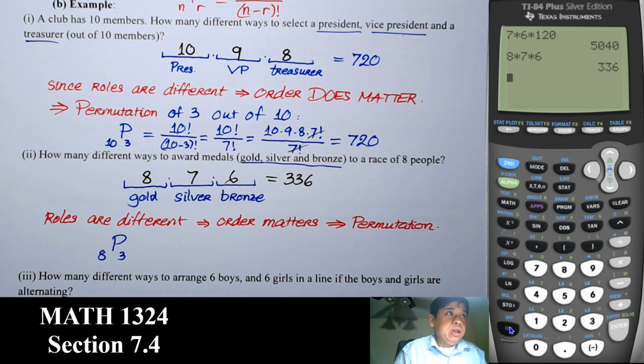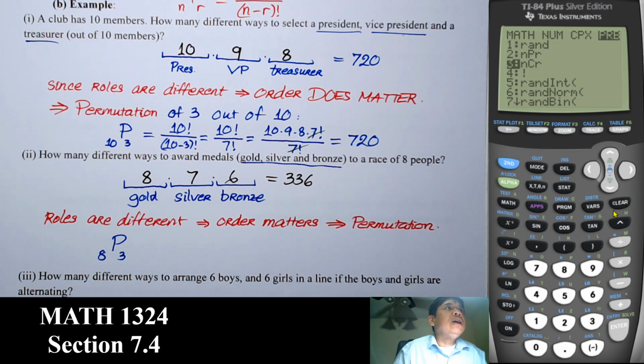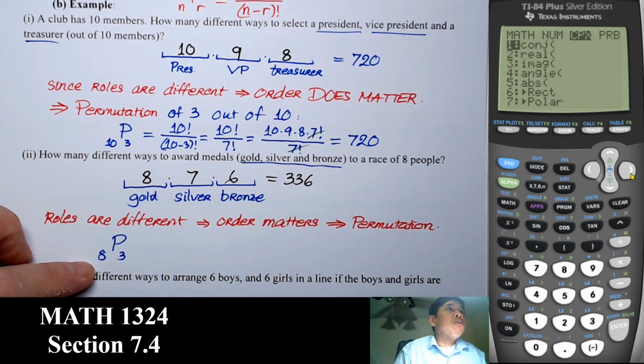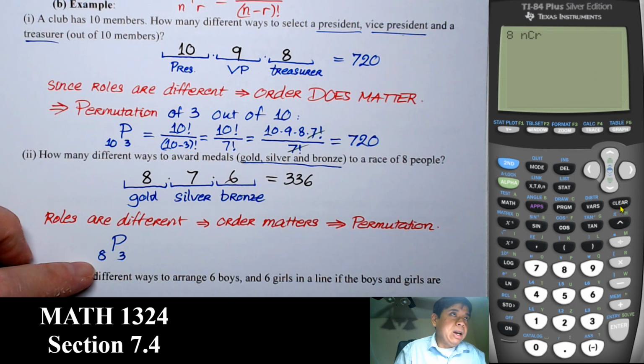So actually if we use the calculator, we can hit math and then go to probability. That is the permutation option 2. But of course we're not going to enter it like that. We have to enter the number first, 8, and then math, probability, permutation. So I hit the combination.